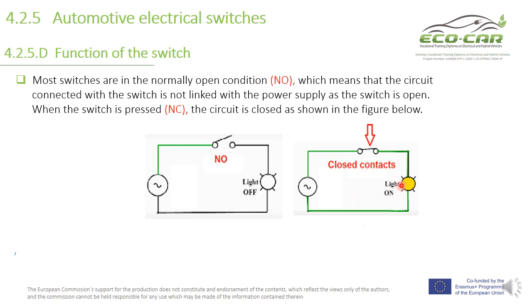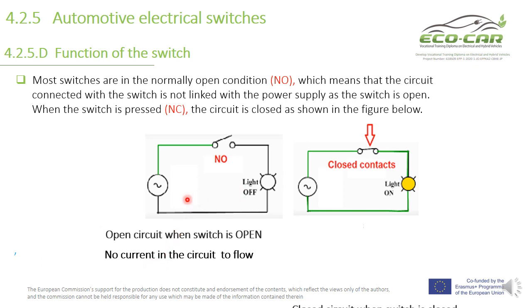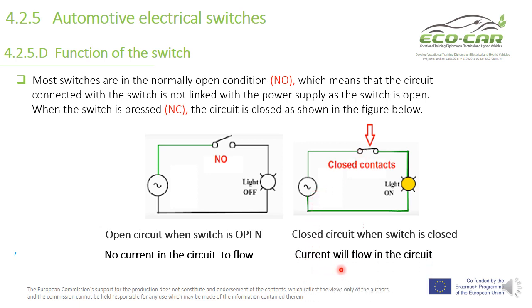So here the light is on, but here this is an open circuit since the switch is in normally open state, so the light is off. So we have an open circuit when the switch is open. In this case, since the circuit is open, there is no current in the circuit to run the light. But in this circuit, the circuit is closed since the switch is closed, and current will flow in the circuit from the power supply.